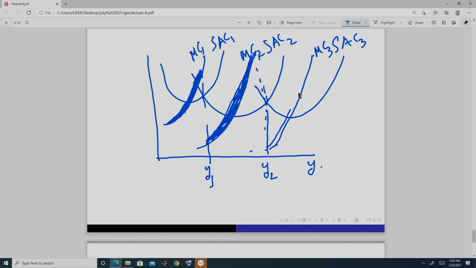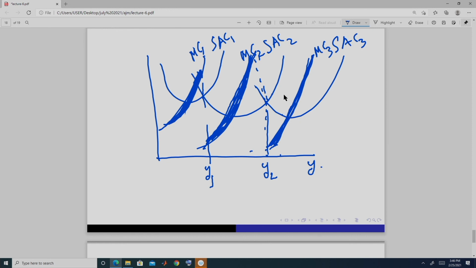Then we will shift to plant 3 after this much level of output, because average cost is less here than if we continue using plant 2. So the long run marginal cost is like this. Yes. So we will get a discontinuous marginal cost curve in the long run. Why? Because we are changing the plants, and so our cost curves are also changing.